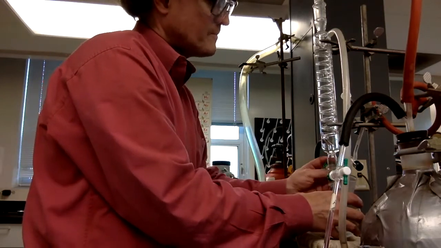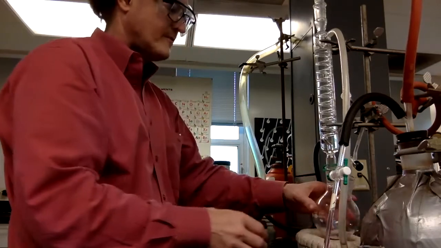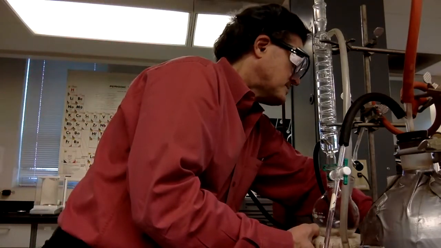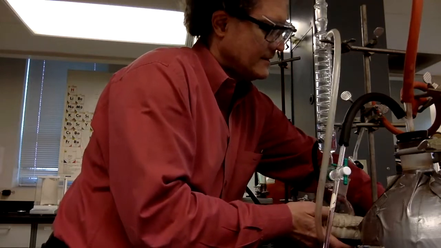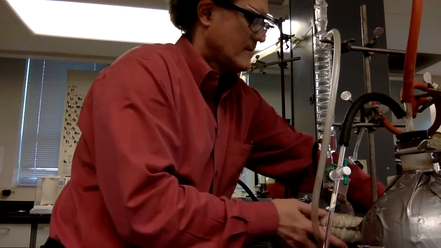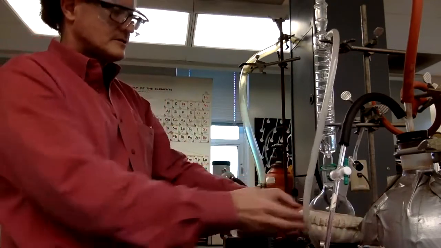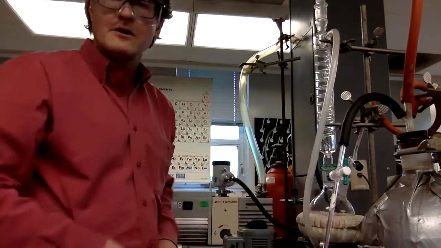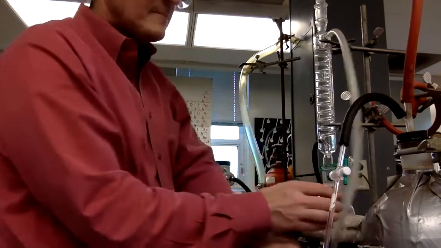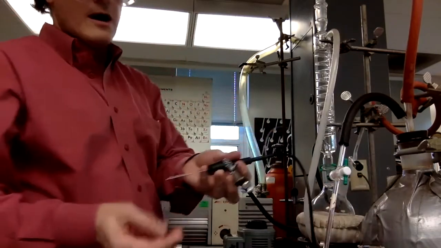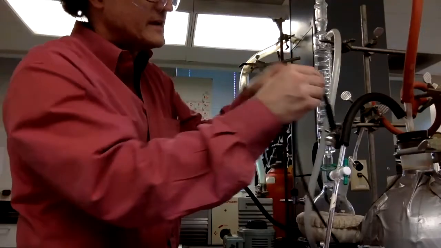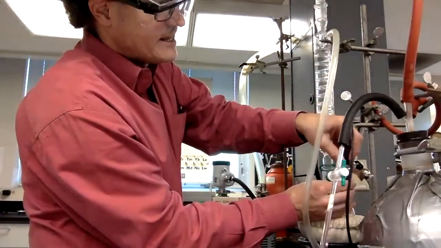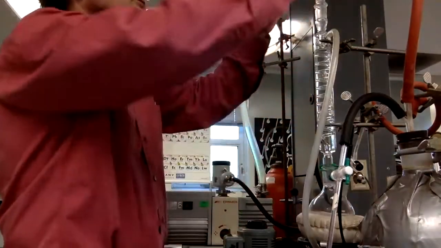We get the little connector on there so it doesn't fall off, and cinch this up nice and tight on the bottom. That way the heating mantle is in contact with the round bottom flask, and we have a thermistor that has been jammed through a rubber stopper so that it makes a nice vacuum seal as well. Stick that in here, so that all of that should make vacuum.